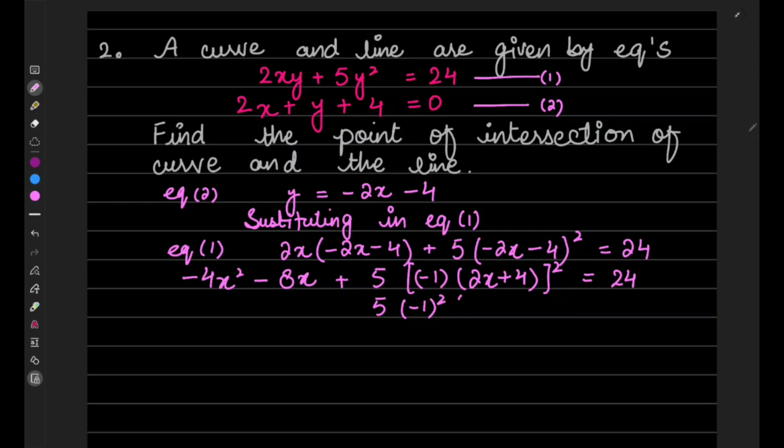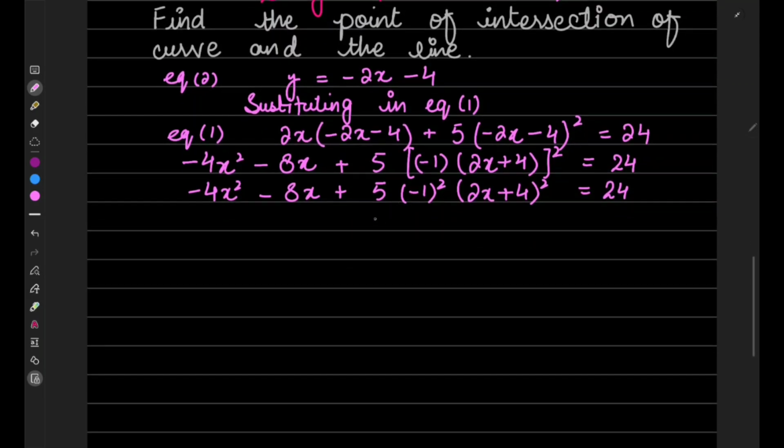Minus 1 squared is 1, so plus 5 times (4x² + 16 + 16x) equals 24.